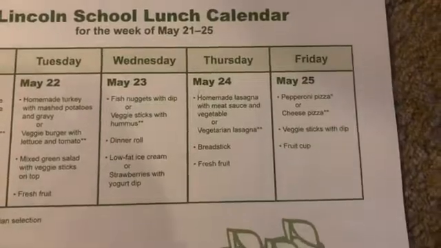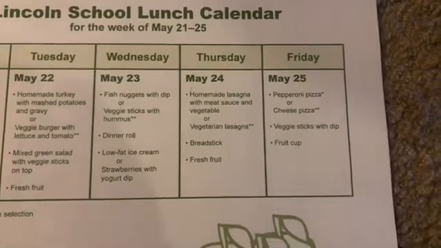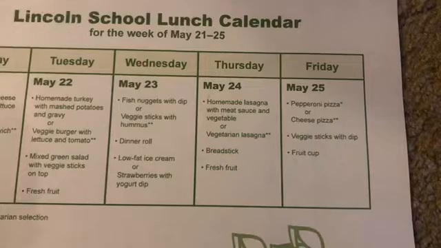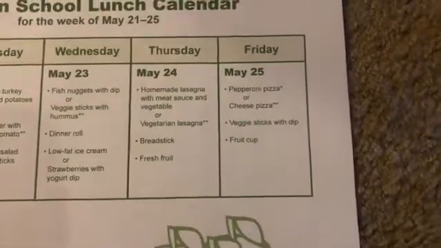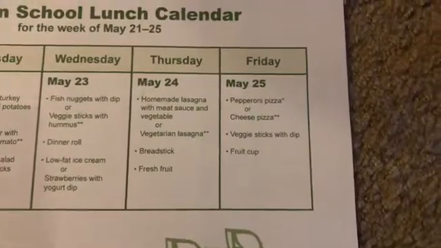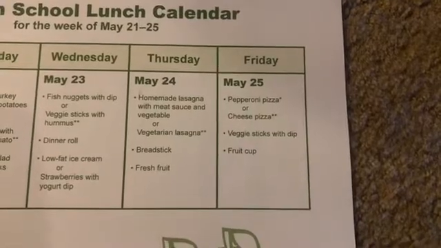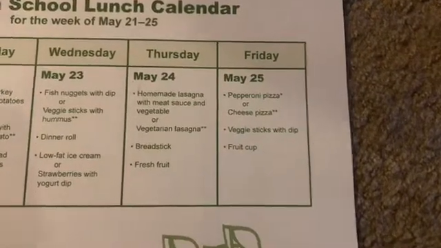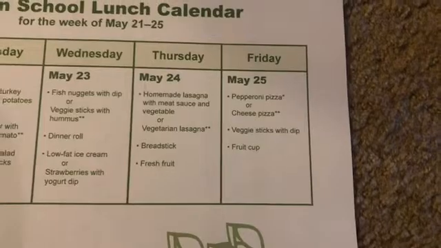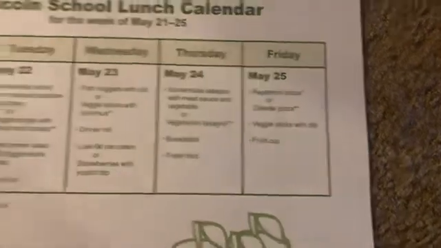They could have homemade lasagna with meat sauce and vegetable, or vegetarian lasagna, breadsticks, and fresh fruit. And the last column tells us what they could eat on Friday, May 25th. Pepperoni pizza or cheese pizza, veggie sticks with dip, and a fruit cup.